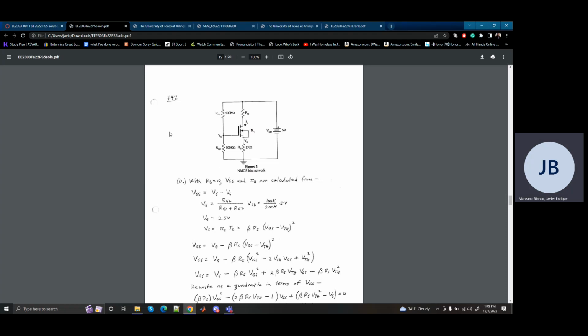And then it's just the quadratic formula, right? It's always going to be the smallest one, the one that also gives you the valid solution. Are you in saturation or not?